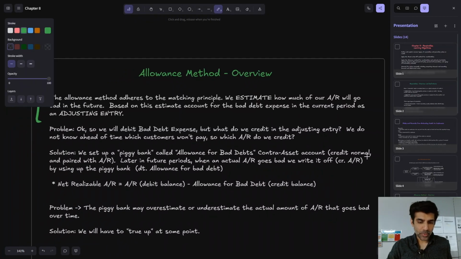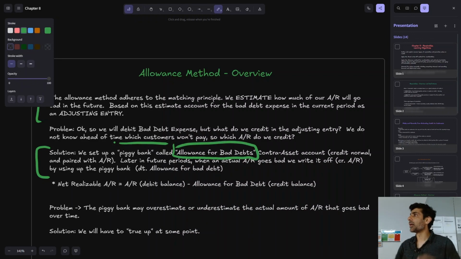So again, the problem is we don't know which customers and how much we're not going to be able to collect. So the solution is we set up this piggy bank. It's called Allowance for Bad Debts. Okay, that's the name of our piggy bank account. That's where we're going to set up this fund for all the receivables that we're estimating we're not going to collect.